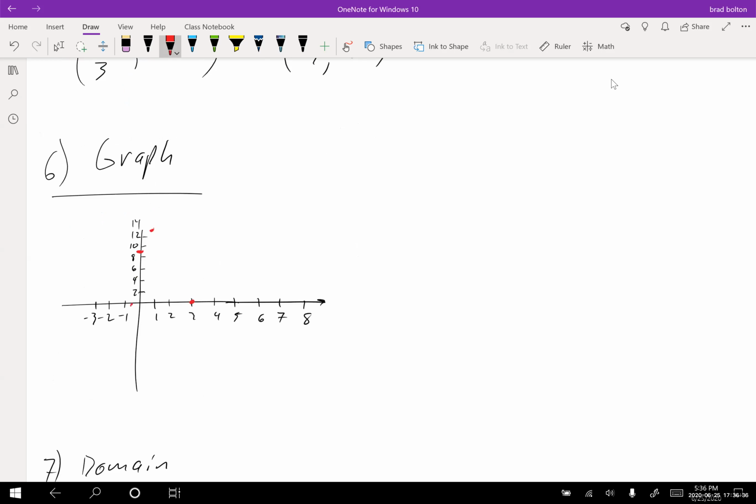So that's going to be right here. So I have it. Okay, so that's my graph.